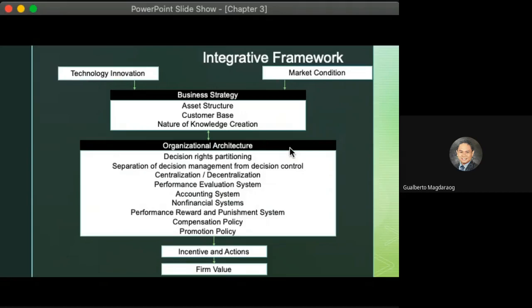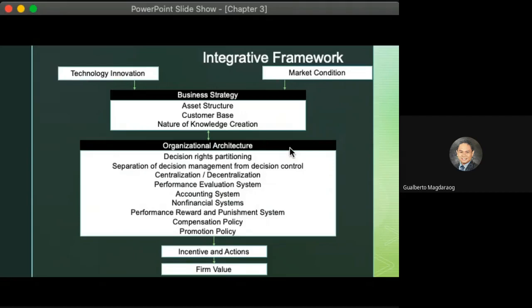So maybe we should change the way we compute for the predetermined overhead rate. Instead of basing it to the labor, maybe we should base it on machine hours, machine outputs, machine usage, mga ganon. So, nagkakaroon na ng changes on how you treat accounting information, accounting data.